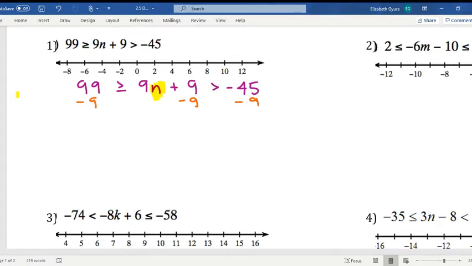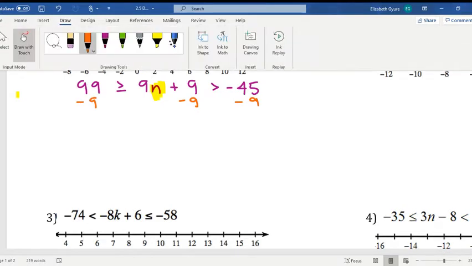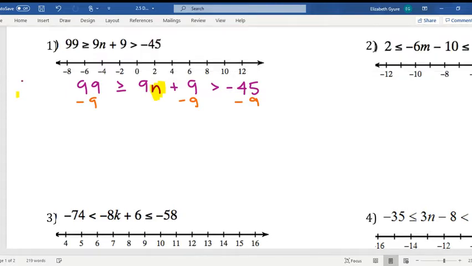Exactly. Okay. So now you have 99 minus 9. What's 99 minus 9? 90 is greater than or equal to 9n is greater than, and then negative 45 minus 9. I would use your calculator.